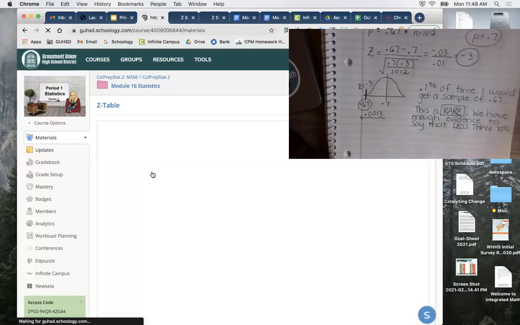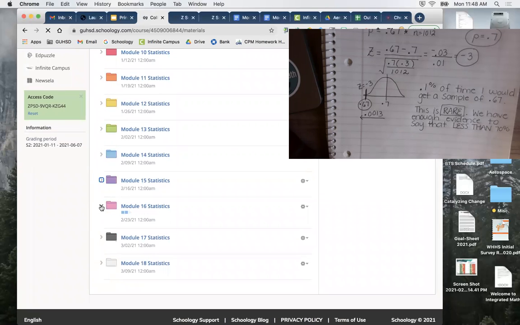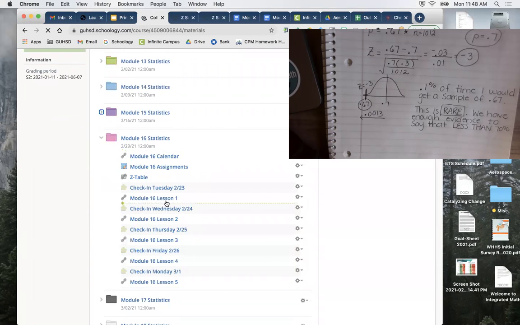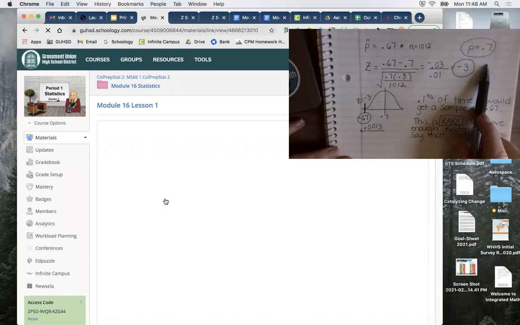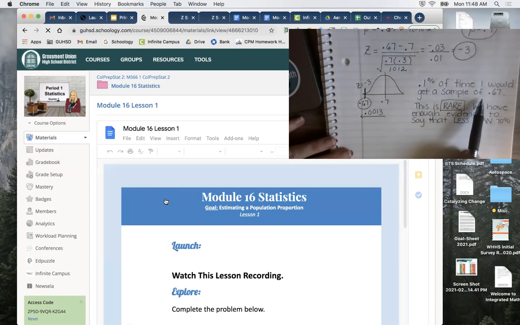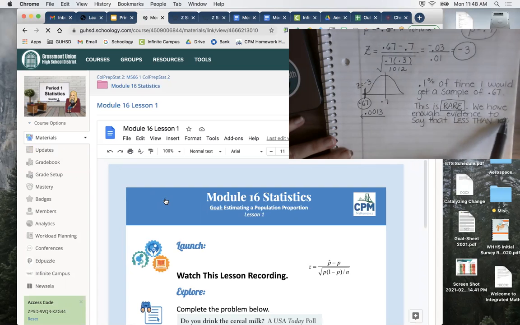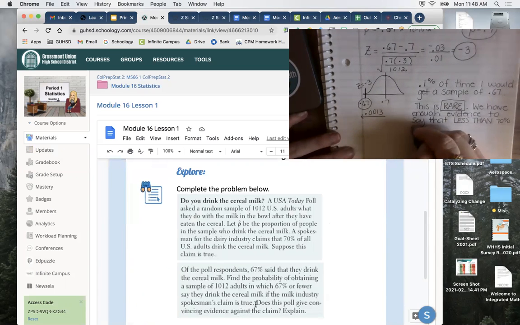Let me go back to lesson 1, module 16. So less than 70%, because they were claiming 70%. We didn't think that was true. We thought it was less than. If it happens less than 5% of the time, then we deem those rare and we say that there is enough evidence to suggest that less than 70% drink their milk.